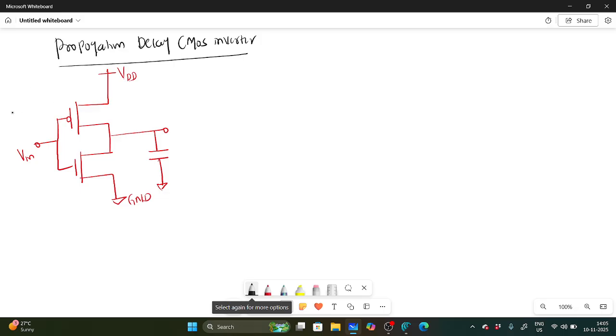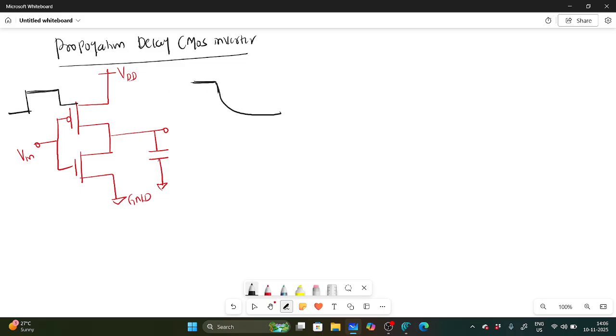Suppose you are giving a signal like this. Initially you are giving input low, so output will be high. After that, the capacitor will discharge like this. Why? Because you are giving high.